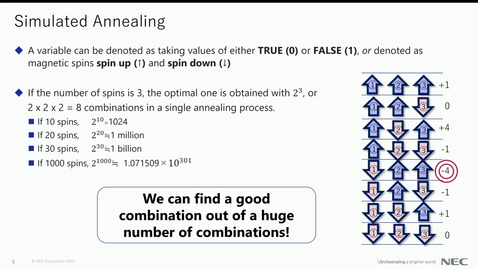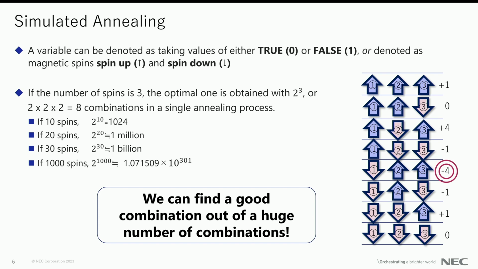So to solve larger complicated problems, of course, we would require more than 3 spins, and the magnitude of that problem can be understood by just increasing the 3 spins to 10, you have 1,024. By increasing it to 20, you're already in the millions, and by 30, you're already in the billions, and you can just imagine how huge the problem becomes.